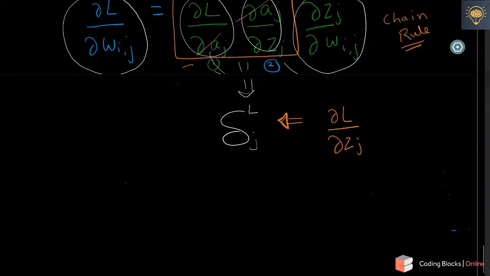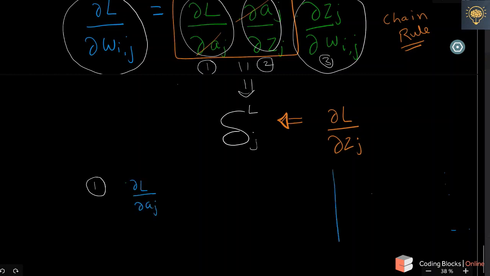Alright, so let us say that the terms we want to compute are 1, 2, and 3. Let us see what is the value of 1, which is the derivative of L with respect to A_j. So let us first see what the loss is.